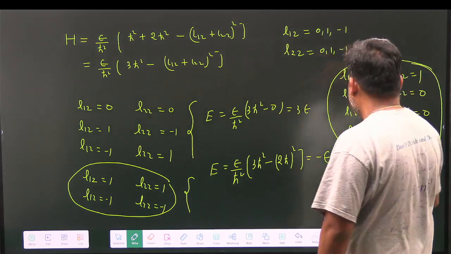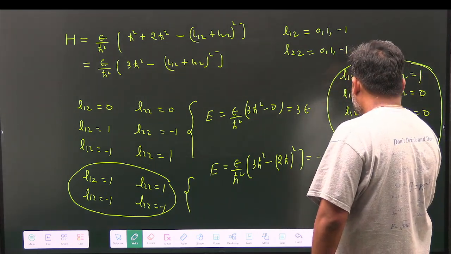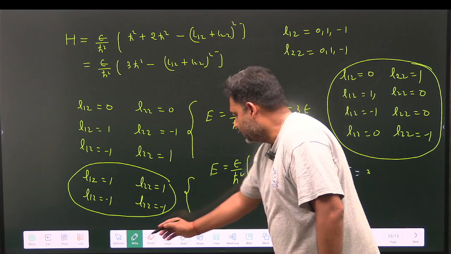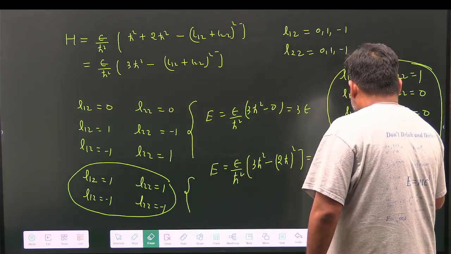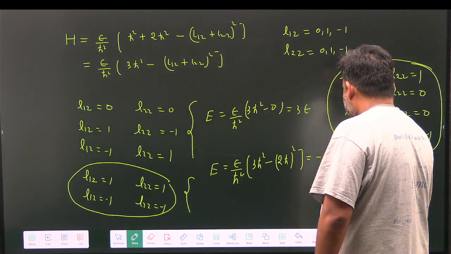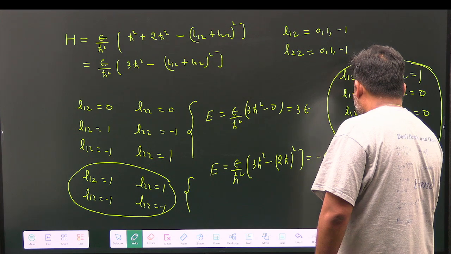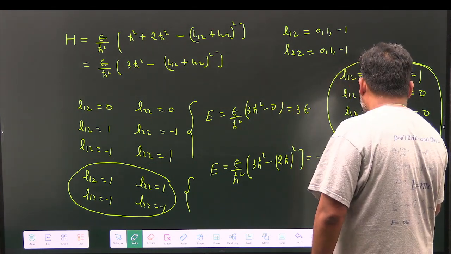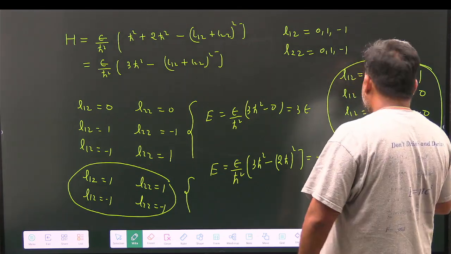Let us calculate one. E is equal to epsilon upon h cut square times 3h cut square minus h cut square.